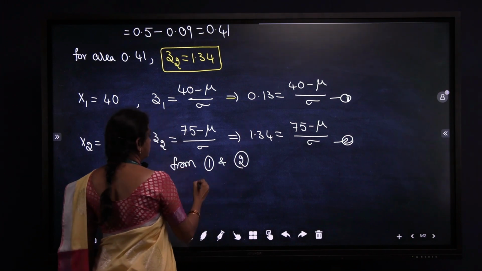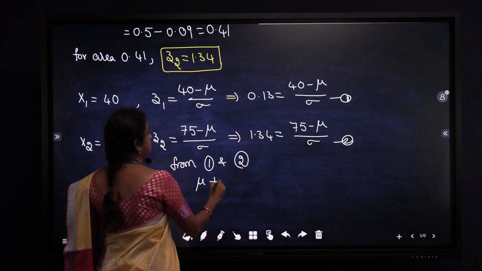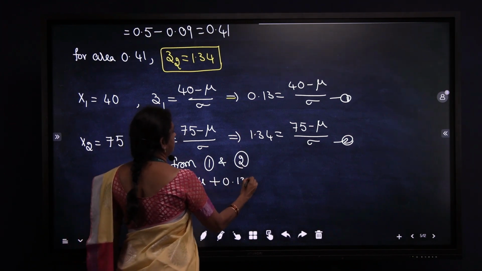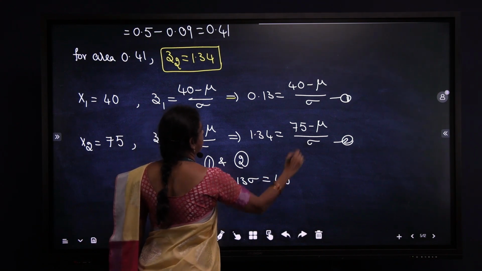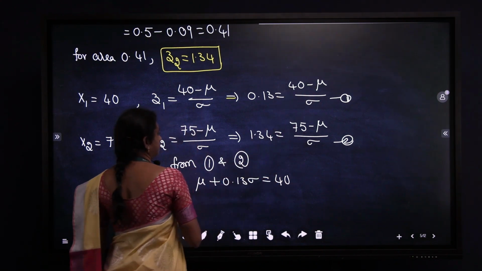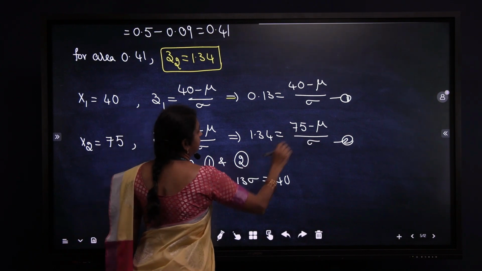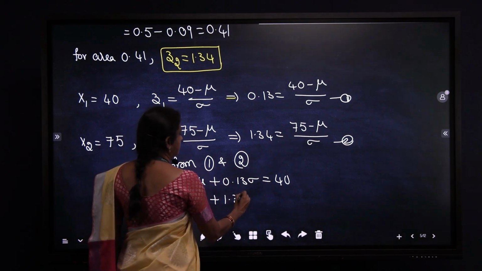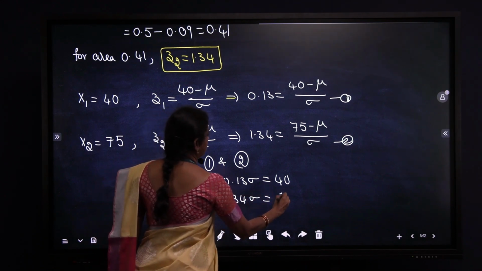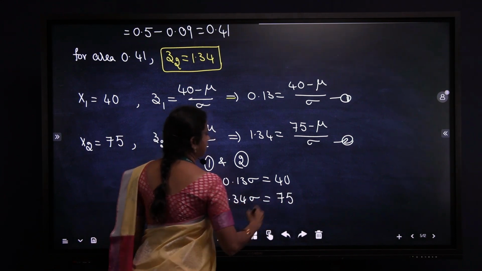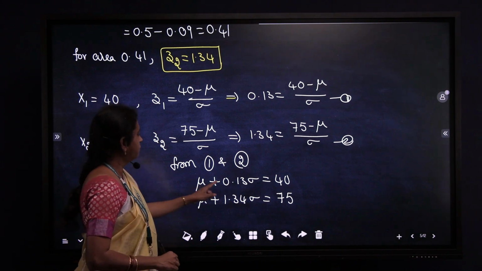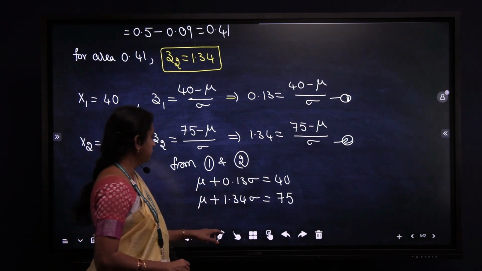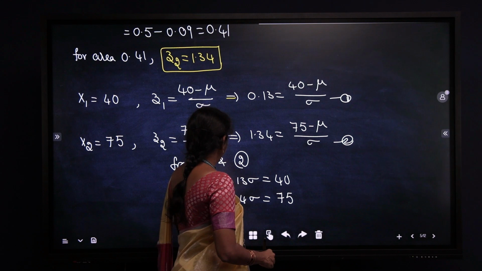Simplifying, we can write equation 1 as mu plus 0.13 sigma is equal to 40, and from the second equation we can write mu plus 1.34 sigma is equal to 75, right? Again we have two equations in two unknowns, so simplifying we'll get the values of mu and sigma.